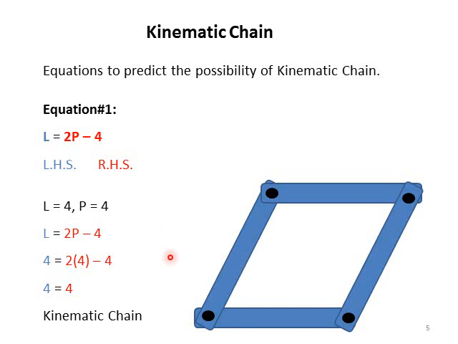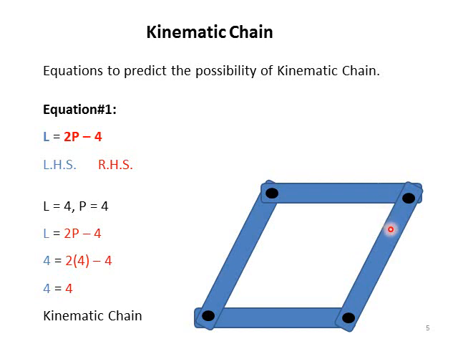So here we have 4 links, 1, 2, 3, 4. These 4 links are joined by 4 pin joints, 1, 2, 3, 4, and there are 4 kinematic pairs. Where are the kinematic pairs? Link 1 and 2 is the first pair.